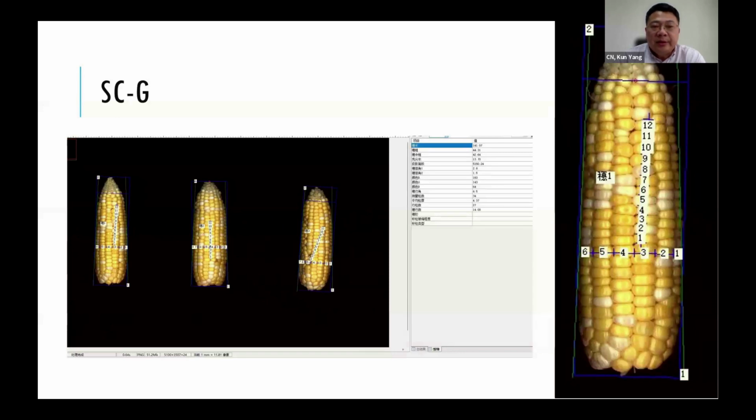And this is an example of how to analyze a cob from the ear. Here it can produce the length and width, and also the number of the kernels, and the tip area. It can also measure the length.